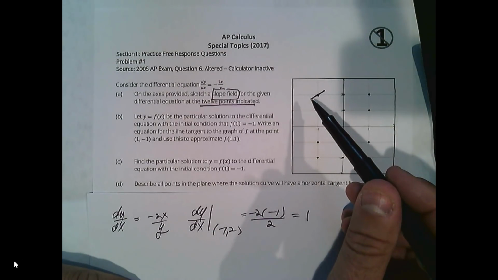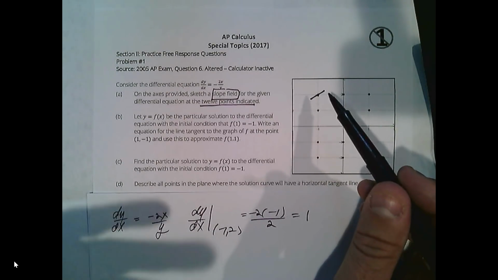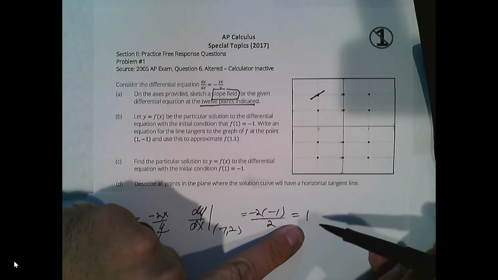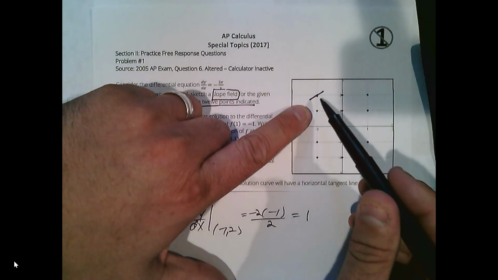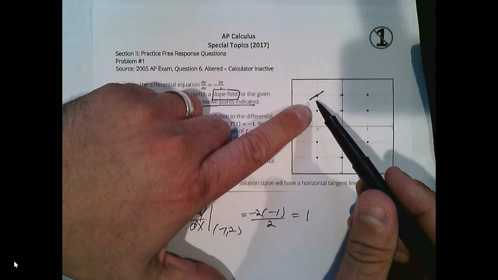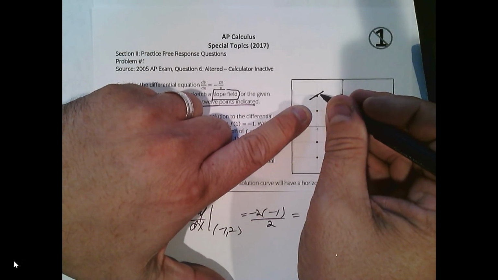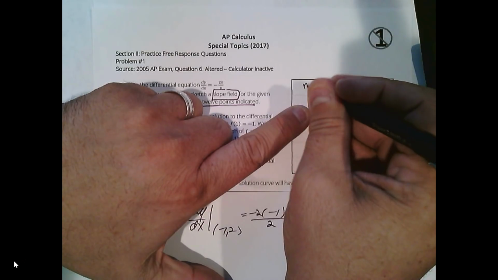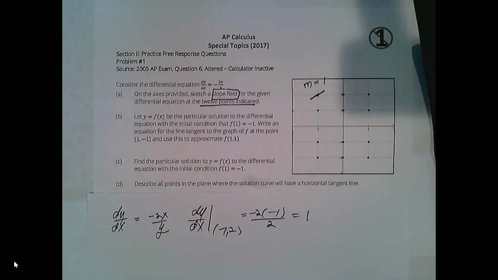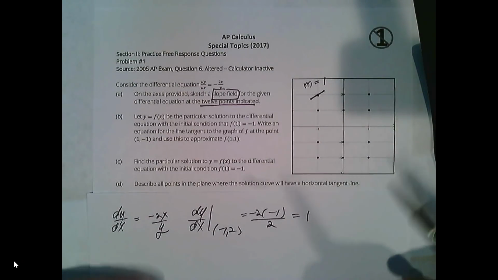Now, you might say, wait, is that really a slope of 1? It doesn't matter. What matters is that the slope is positive, so I'm going to draw an increasing tangent line. A slope of 1 should make a 45-degree angle. This is close enough. If you really want to get particular, sometimes I write m equals 1 on there. Okay, 1 point down, 11 more to go.